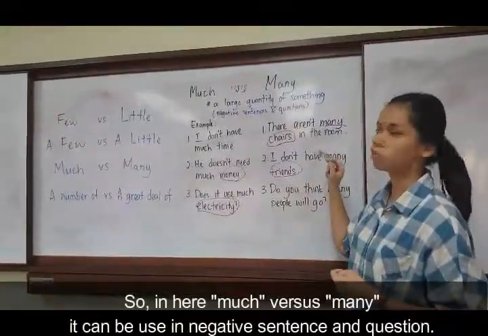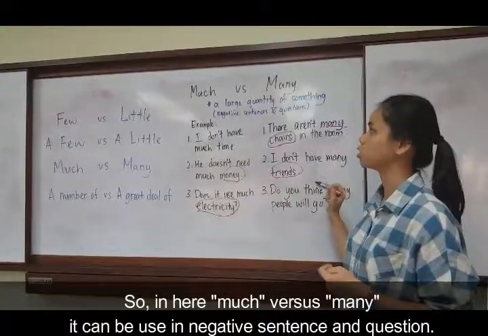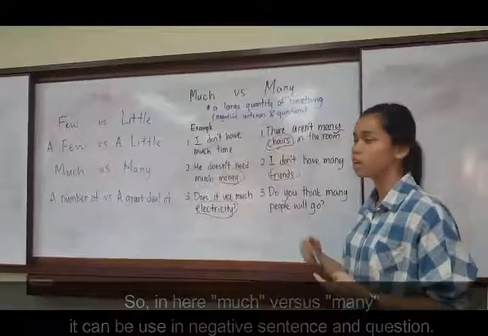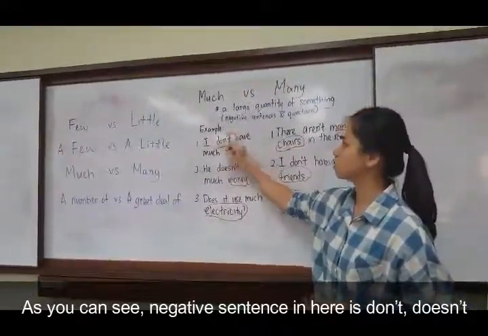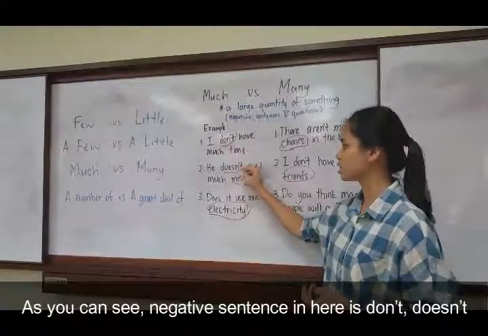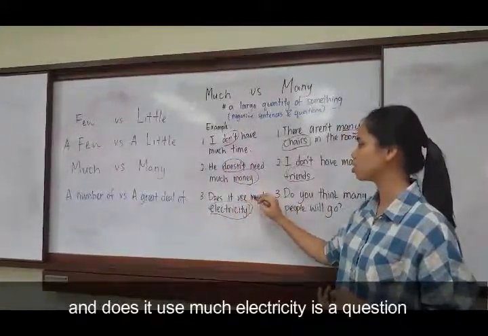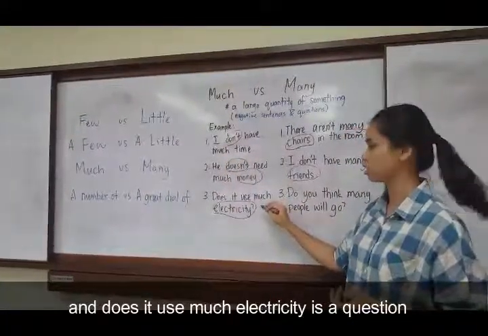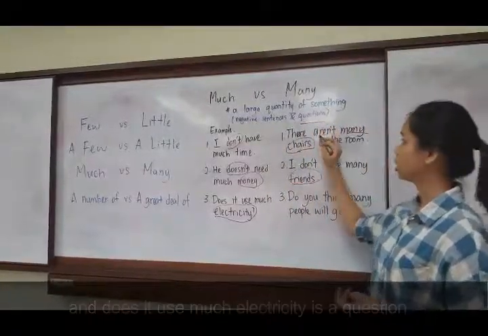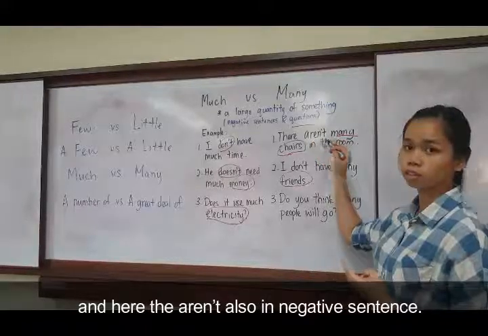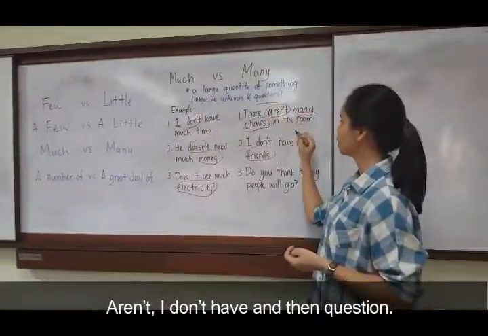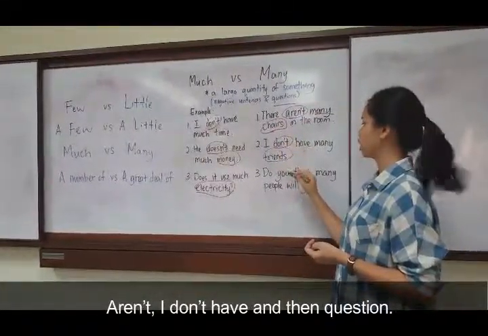So in here, much versus many can be used in negative sentences and questions. As you can see, the negative sentences here are don't, doesn't, and does it use much electricity is a question. And here, there aren't is also a negative sentence, aren't, I don't have, and then the question.